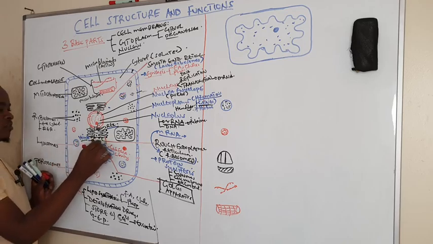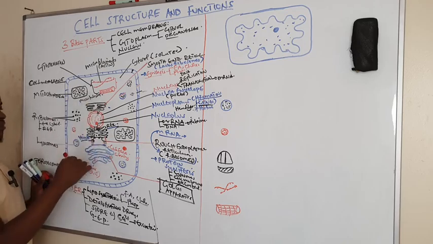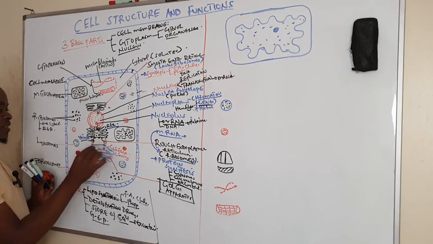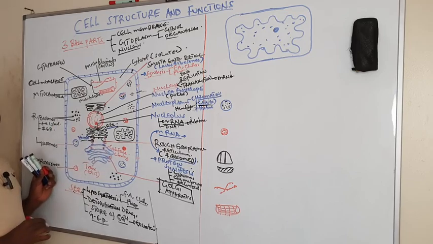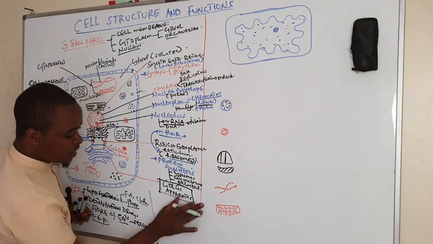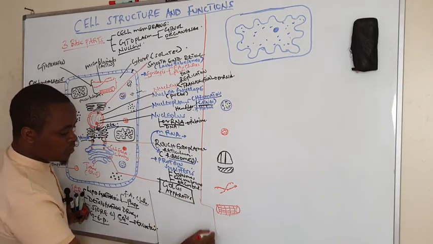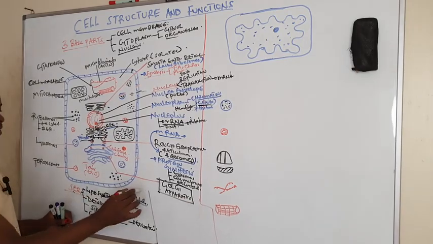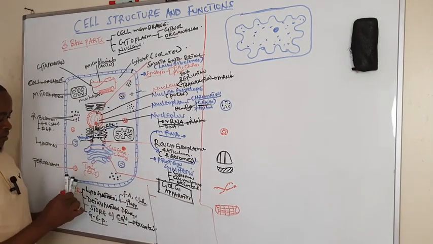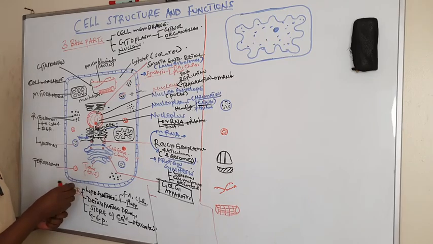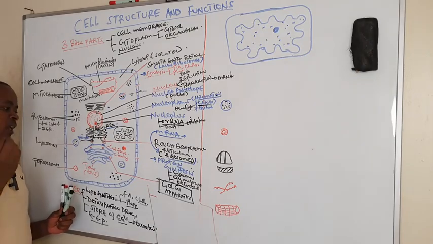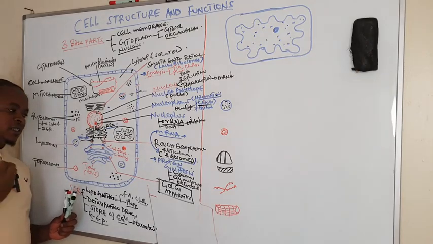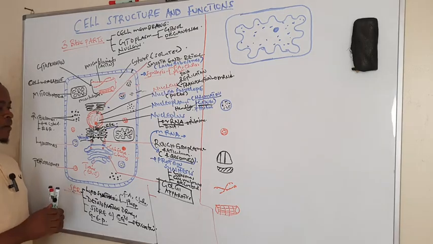After vesicles bud off from the rough and the smooth, they are received inside the Golgi apparatus, where we are going to see major modification when the proteins and lipids enter the cis face of the Golgi apparatus.